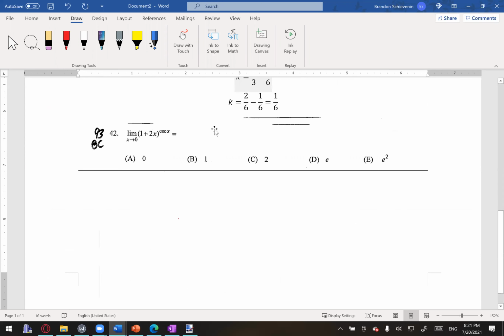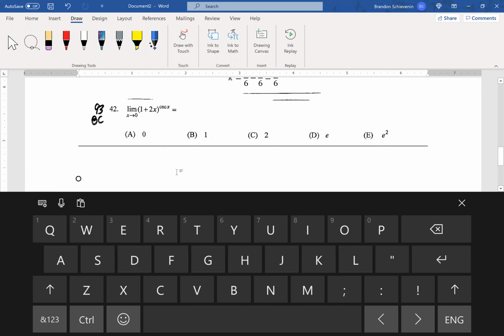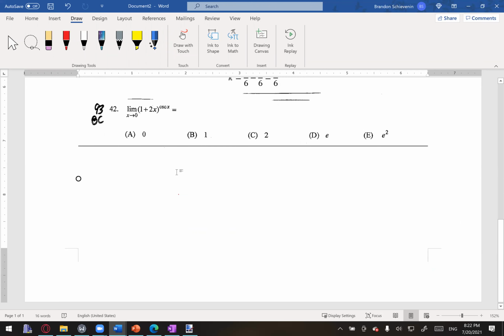Okay, so for this one, if I just plug in 0 right now, the cosecant at 0 is 1 over the sine at 0, which would be undefined. So it will only be 1 plus 2x.